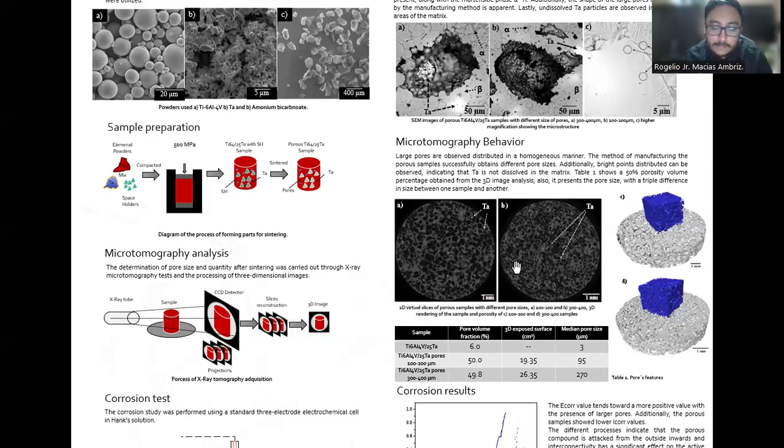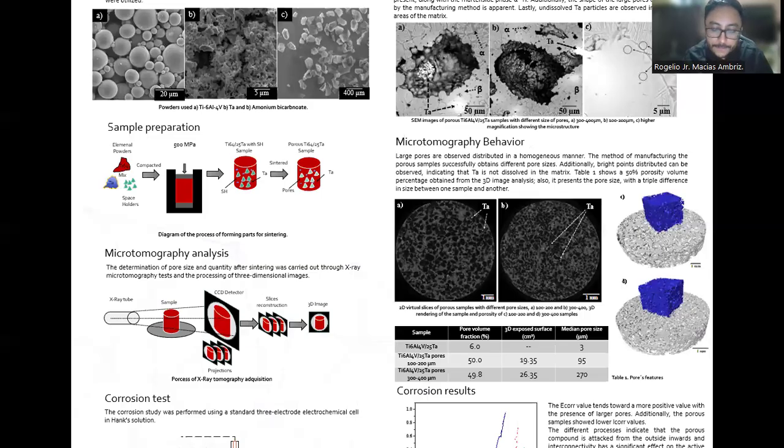Subsequently, this mixture was poured into a cylindrical steel mold to compact it with a pressure of 500 megapascals. The samples obtained were heated in an oven with a controlled argon atmosphere. A thermal cycle was used to eliminate the salt particles, and then the final sintering temperature was set at 1260 degrees centigrade to consolidate the material.